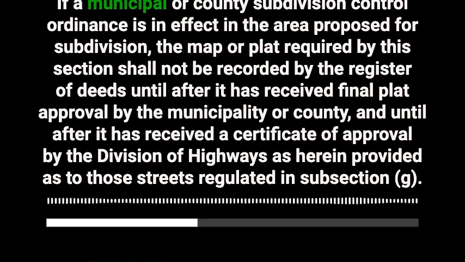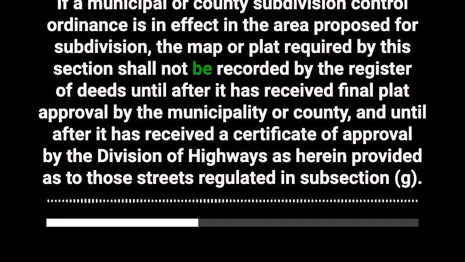If a municipal or county subdivision control ordinance is in effect in the area proposed for subdivision, the map or plat required by this section shall not be recorded by the Register of Deeds until after it has received final plat approval by the municipality or county, and until after it has received a certificate of approval by the Division of Highways as herein provided as to those streets regulated in subsection.